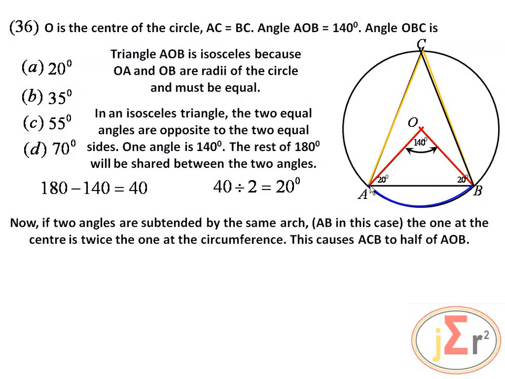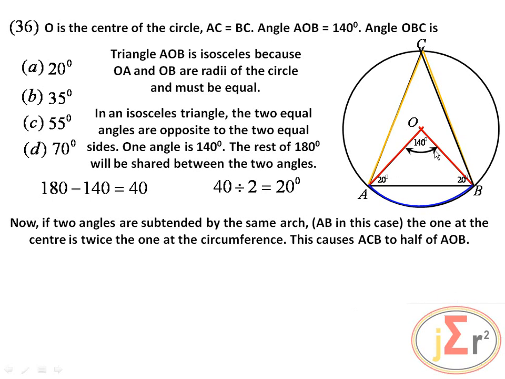And the other one is the one that we have right here. So the two angles are subtended by the same arc. The one at the center is therefore twice the one at the circumference.